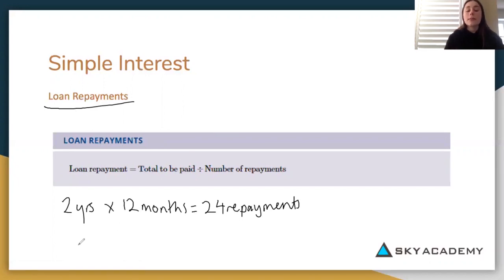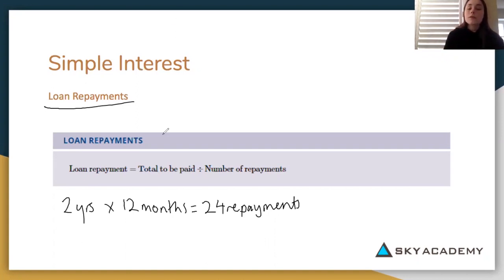So that's the amount it will cost for 1 repayment, and you'll have to do those repayments over time according to your time period. So it's just, instead of paying off the loan in one big chunk, you're paying it over a couple of years with equal repayments each time.